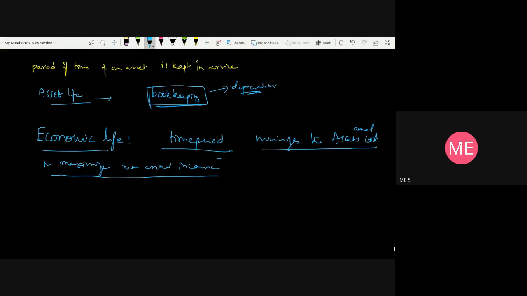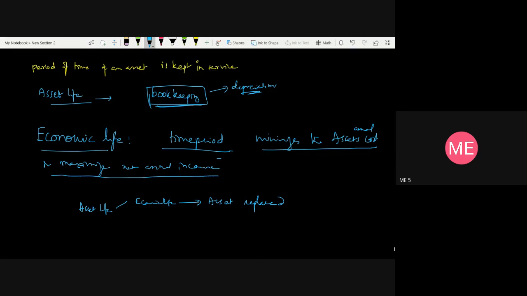Say for example, the asset life which gives more annual income and reduces the cost, that we can say is economic life. So after this economic life, the asset is going to be replaced. These are the different definitions of asset life, that is service life, accounting life, and as well as economic life.